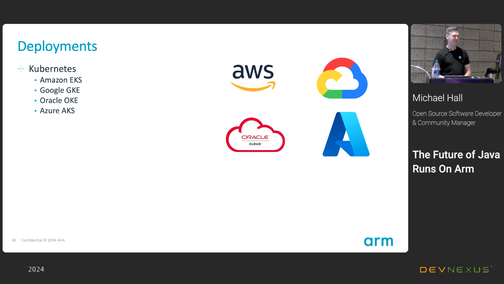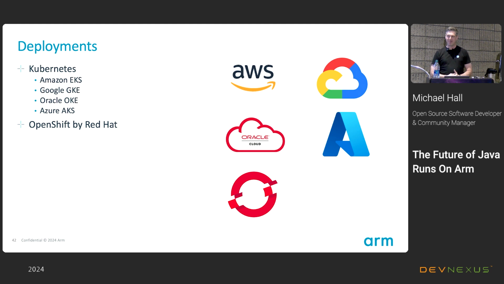All of them have support for running on their respective ARM-based nodes. And the nice thing about this is you don't have to go all in. You can mix and match x86 and ARM instances in your Kubernetes cluster. So you can start deploying a mix of those. And depending on what your container type is, if it's multi-arch or ARM64, it'll pick the right nodes where it can run those instances.